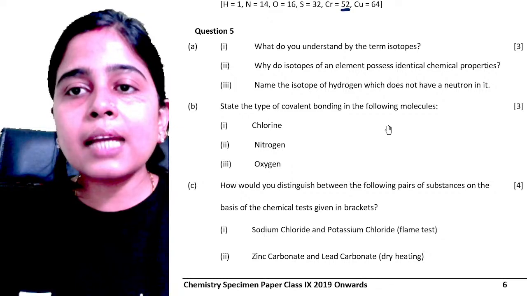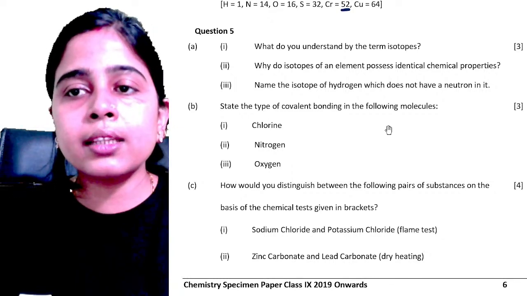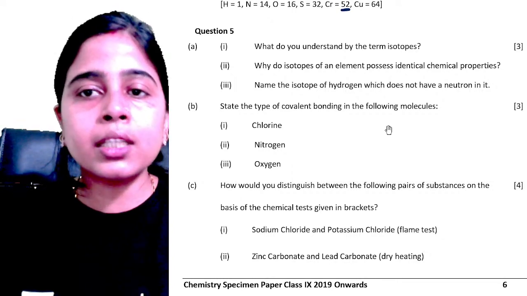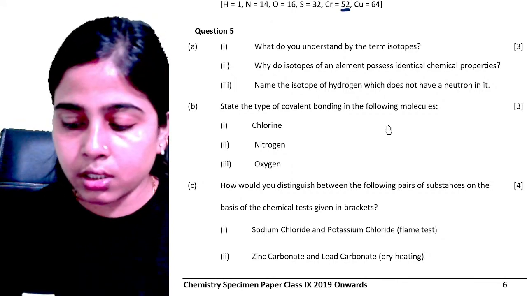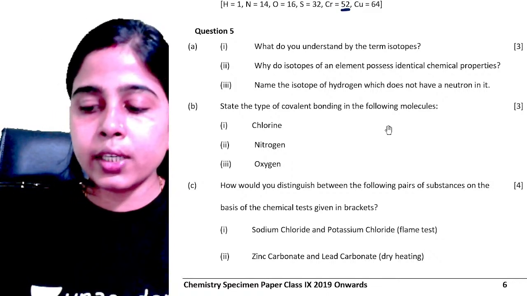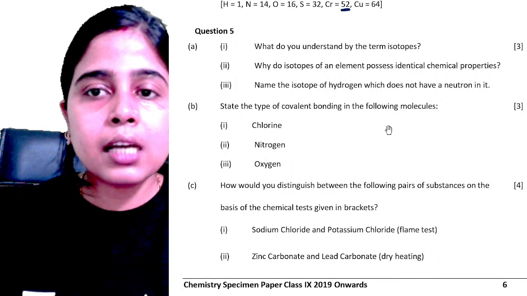Now, state the type of covalent bonding in the following molecules. What type of covalent bonding is found in chlorine? All of you, please answer this question. Single, double, or triple?